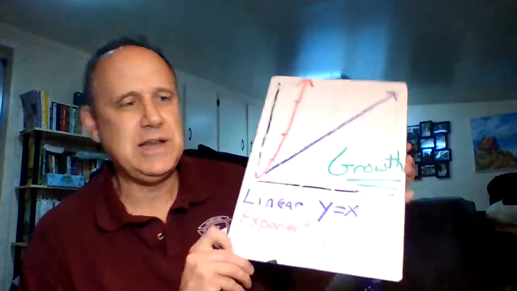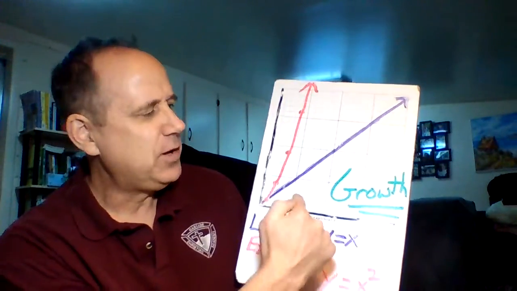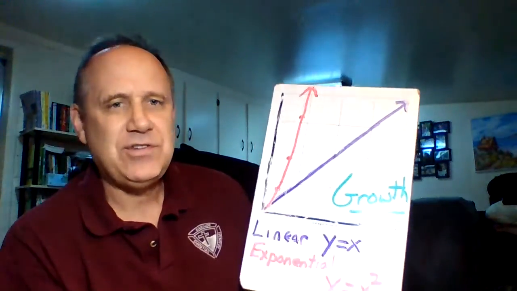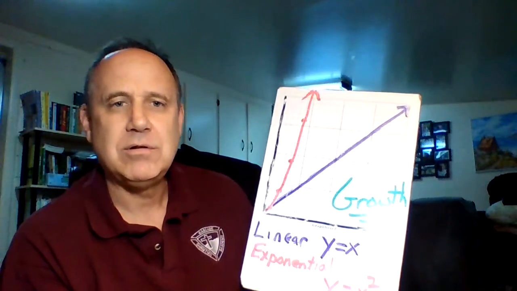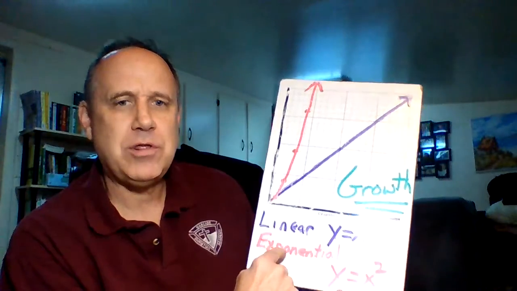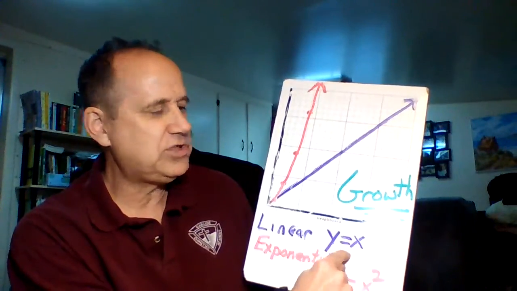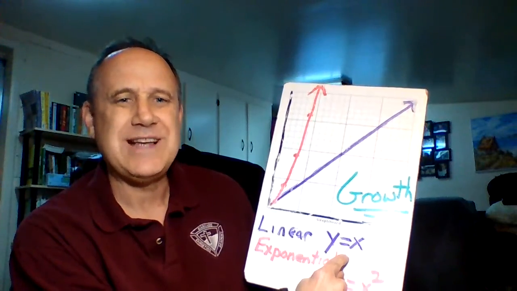As we start with exponential growth, let's look at the comparison between exponential growth and linear growth. Both of these graphs represent growth to some degree. Linear growth, as we all know and have gone through, has the equation y equals x.